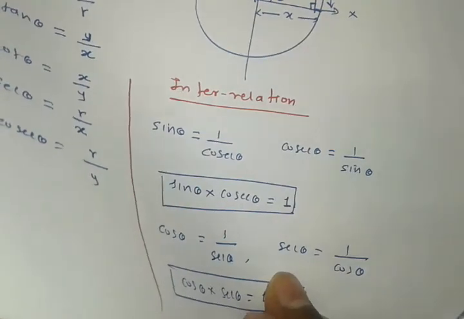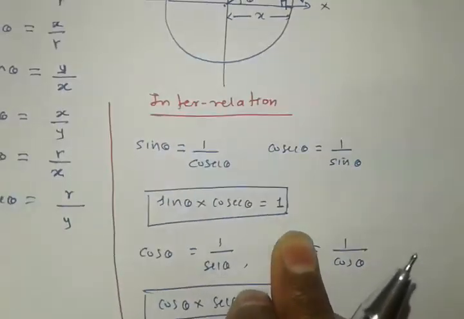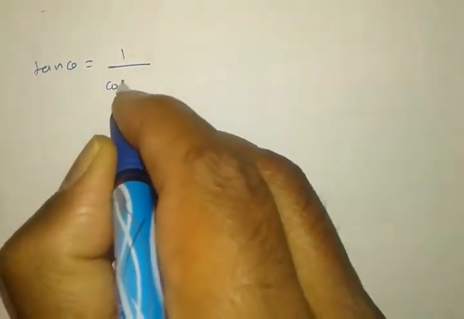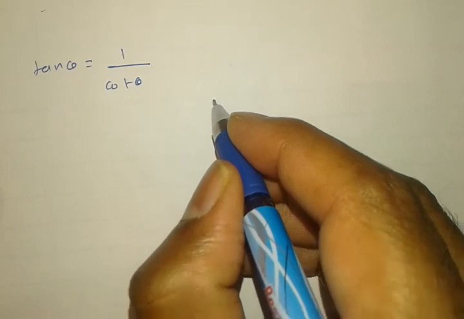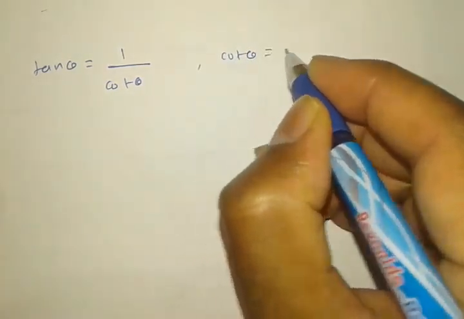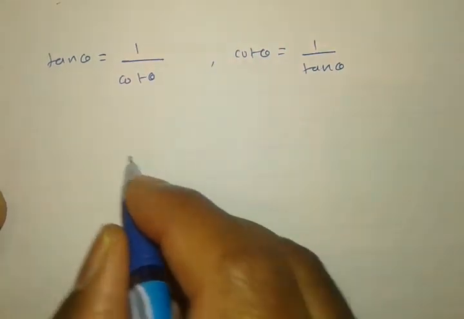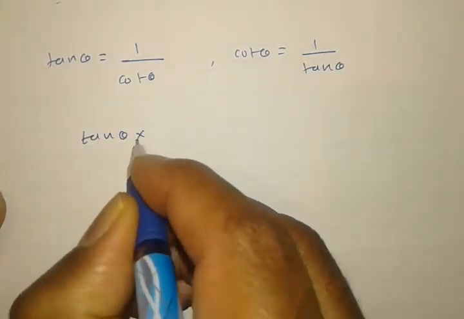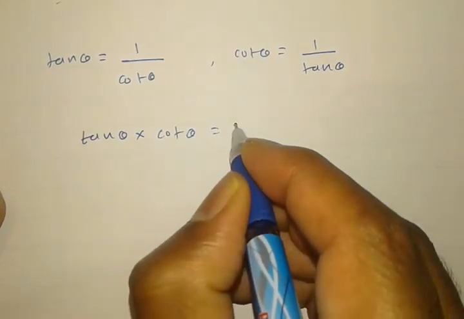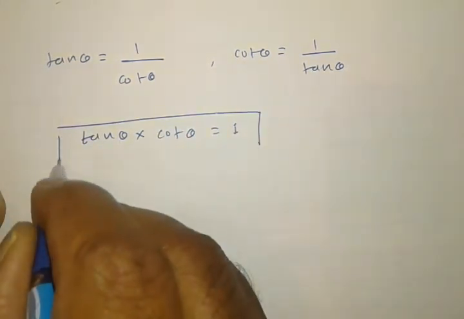After that, the next ratio is tan theta. Tan theta is equal to 1 upon cot theta, or cot theta is equal to 1 upon tan theta. Tan theta into cot theta, that multiplication is also 1.